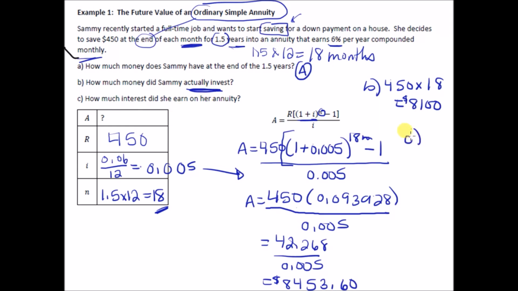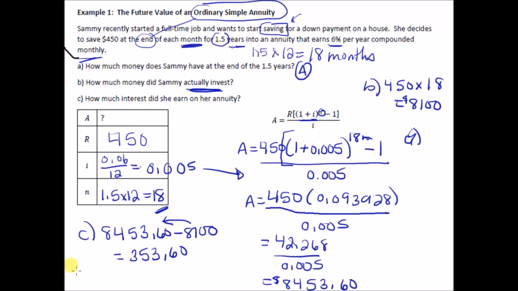Well, if she has at the end of her investment 8453.60, and she only actually put in $8,100, then that means that it grew from 8100 up until 8453. So the actual difference is 353.60.